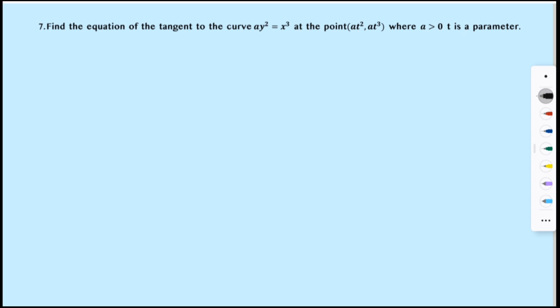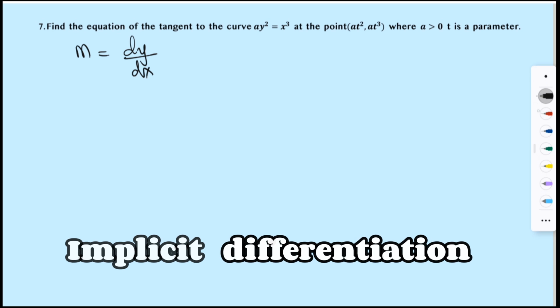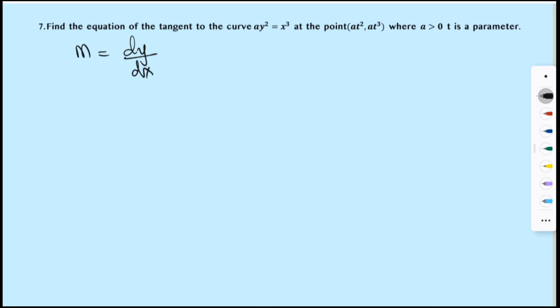Okay, so if we want to find the equation of the tangent to any curve or any line, we have to keep in mind that the gradient is the same as the rate of change with x. So we just need to find the gradient of this curve. Now what we have to do is implicit differentiation. So we're going to implicitly differentiate this with respect to x.